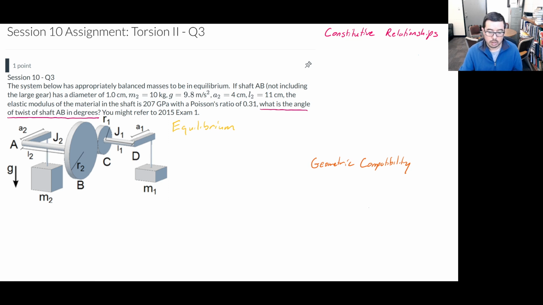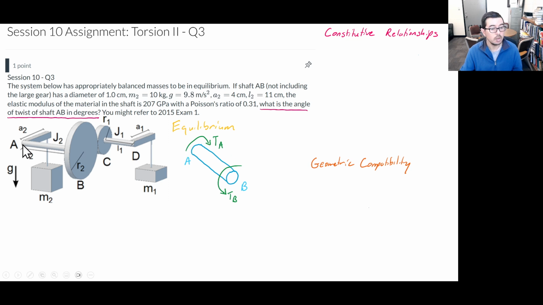To get started, let's go ahead and draw the shaft in question. Here we have shaft AB, and we'll apply external torques as we suspect they might be applied. There's a hanging mass here that is applying a torque to the A end of the shaft in this direction.